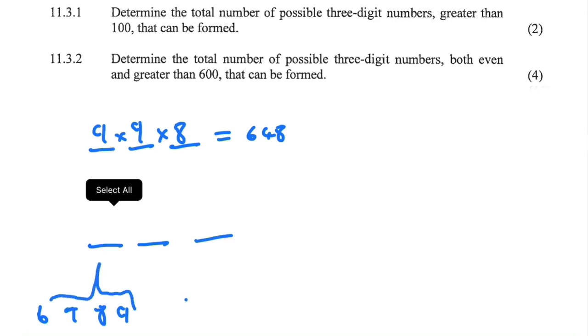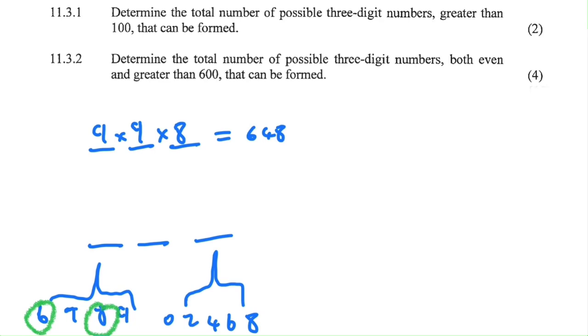And then on the last spot, we can occupy that with 0, 2, 4, 6, 8, even numbers. But I want you to realize something. 6 and 8 can occupy the first spot, but then they can also occupy the last spot because they are even. So we have to break down our problem into 2 in the following way.